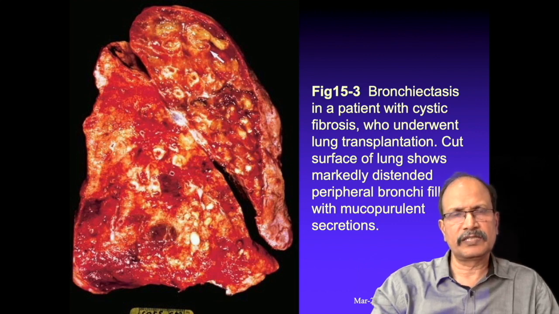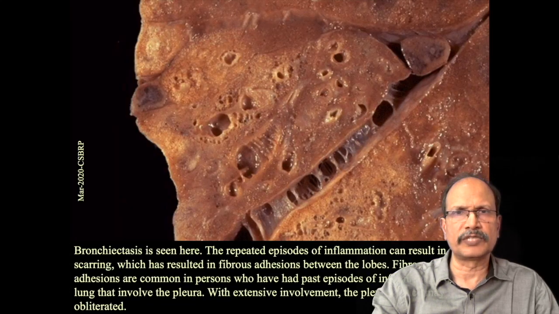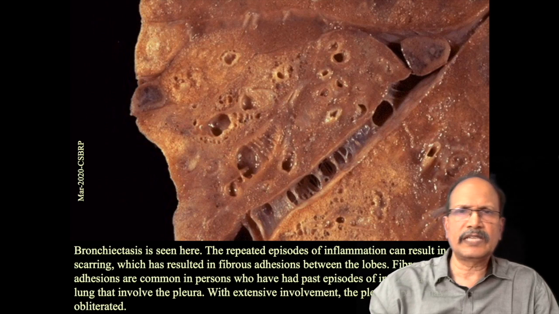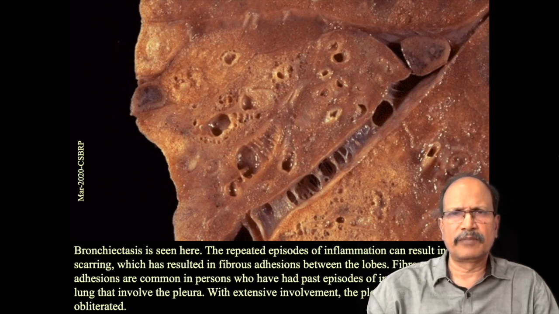So if you see entire lung involvement in the bronchiectatic process, probably you are dealing with a case of cystic fibrosis. Recurrent attacks of infection cause fibrosis, and here you may see the flimsy fibrosis joining or in between the lung lobes.